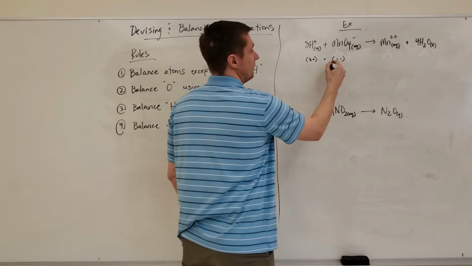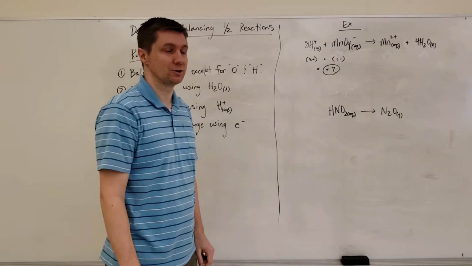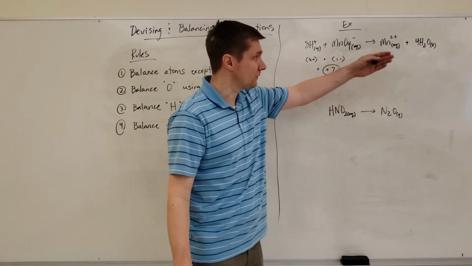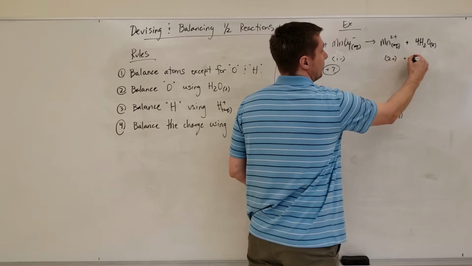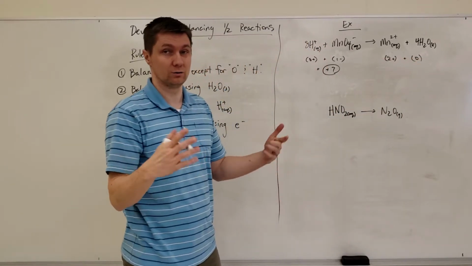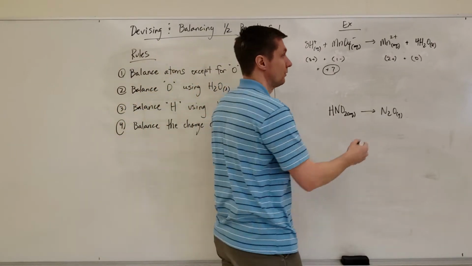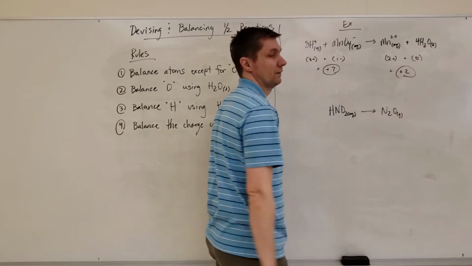That gives me a total of +7 on this side of the reaction. Over here I've got 2 positives plus 0 for water molecules, which are all neutral. That equals a +2 altogether on that side.